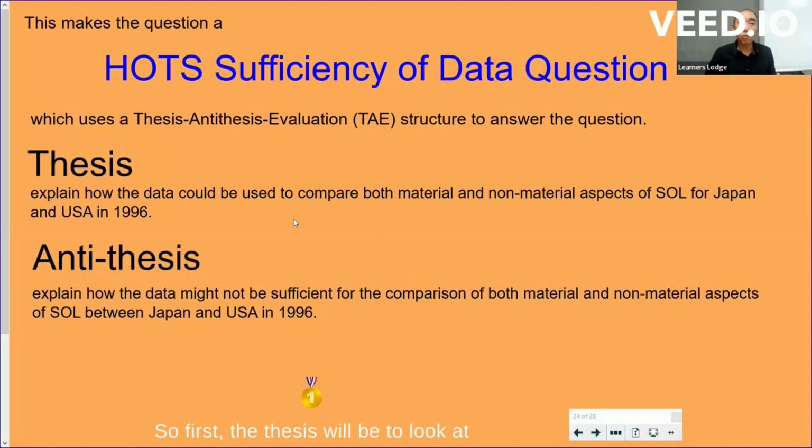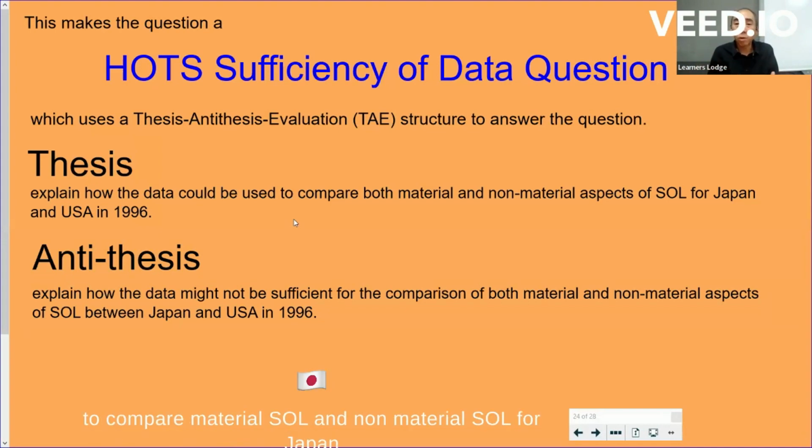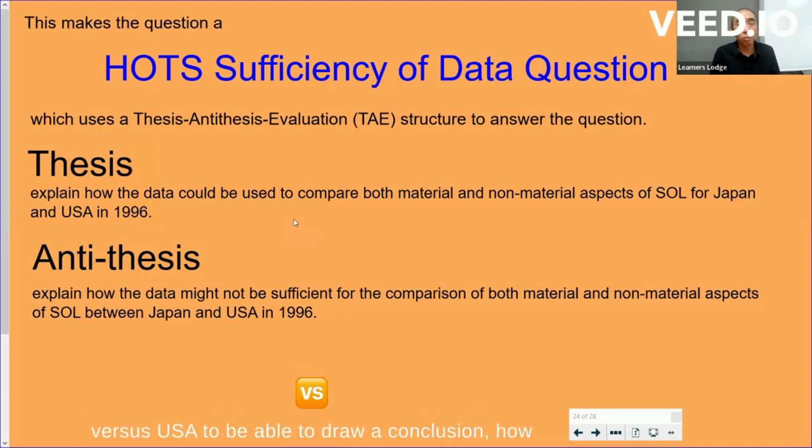First, the thesis would be to look at the data that is provided in the table and say, how can we use this data, or what specific information in the data can I use to compare material SOL and non-material SOL for Japan versus USA, to be able to draw a conclusion? How can the data allow us to draw a conclusion as to whether Japan or USA had the higher material SOL?